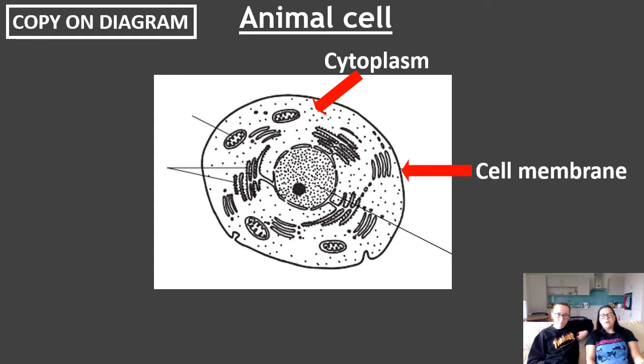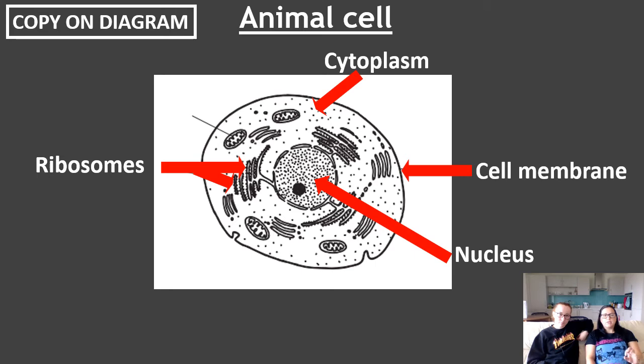The cell membrane running around the outside of the animal cell there, again, that function is to control entry and exit of materials to the cell. The nucleus is that big thing in the middle. Now it can sometimes appear a little bit smaller than that, sometimes a little bit larger, but what you're looking for is a perfect circle somewhere within the cell, and that contains the DNA and controls the cell.